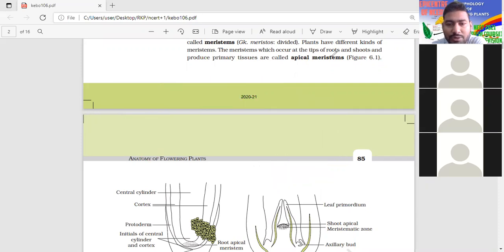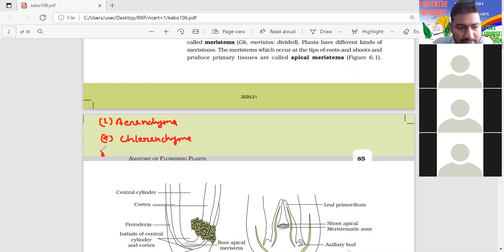Now let's talk about function. The parenchyma is classified into different types. Number one is the Aerenchyma. Number two is the Chlorenchyma.